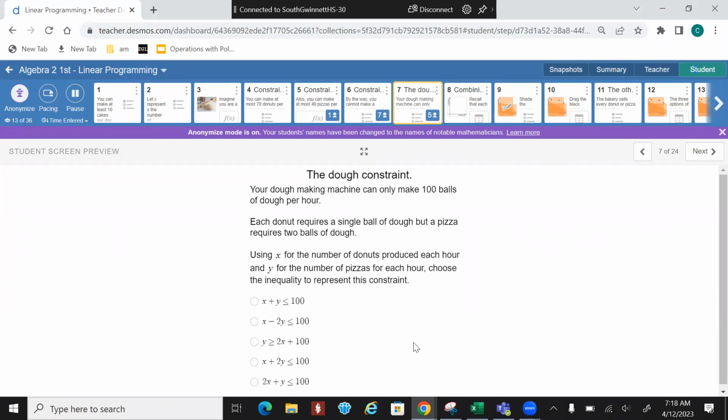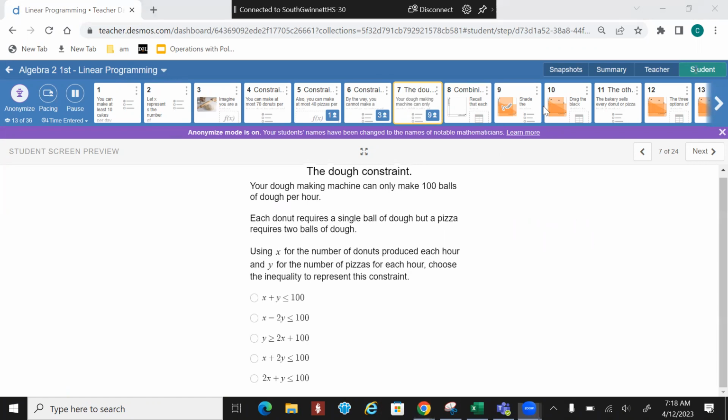Go ahead and read over this one and see which one you would select. Okay, so what information did they tell us in this one? What else? What did they tell us about pizza versus donuts?